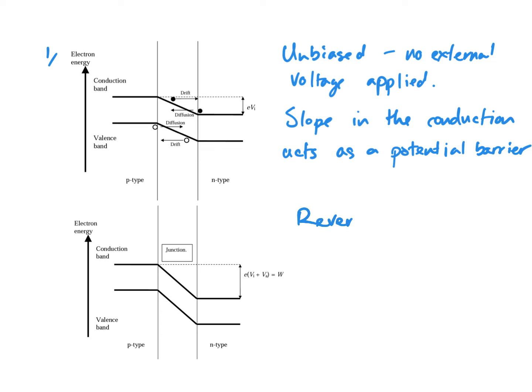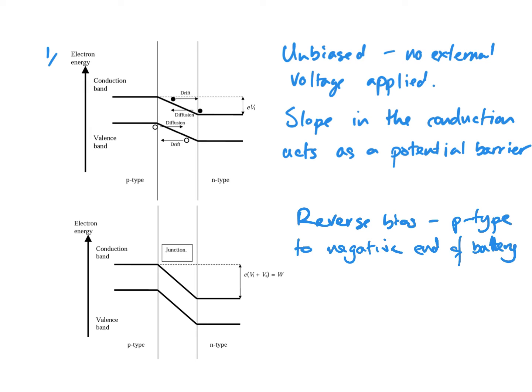So reverse bias means that we're acting with the junction that's already there to make it even bigger. So we're dragging down the conduction band on the n-type. And that would happen when the p-type is connected to the negative end of the battery, n-type to positive.